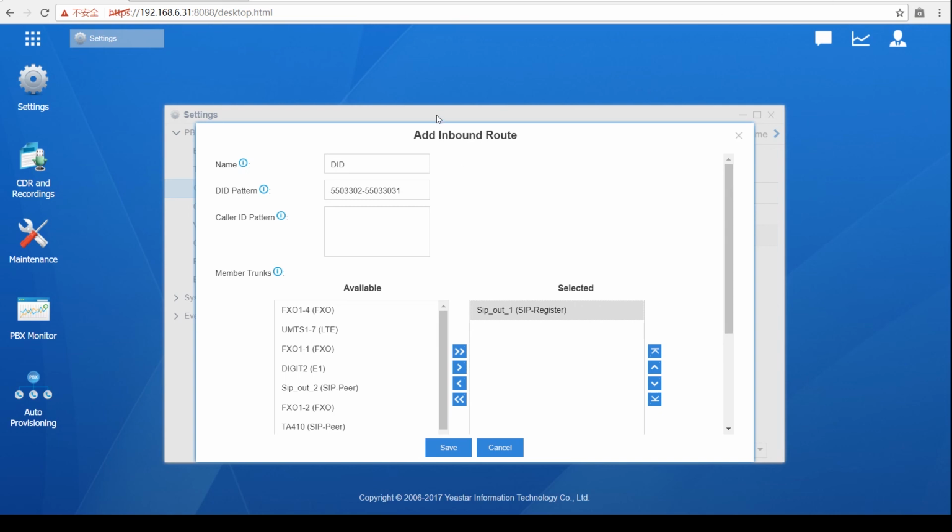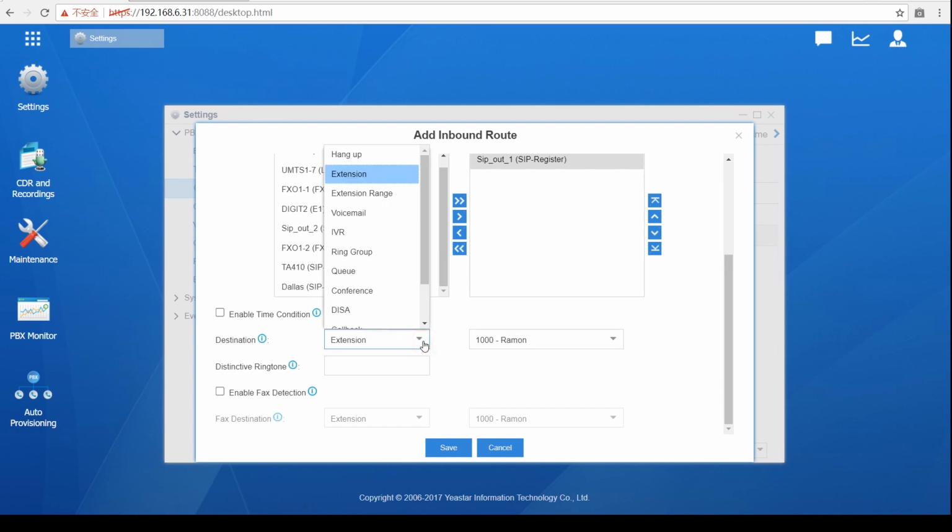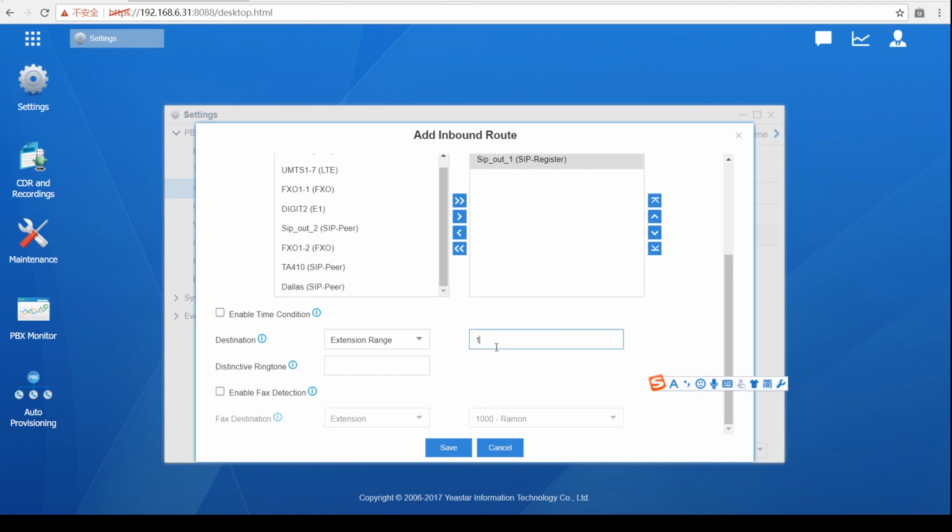And what we need to do here is set a group of extensions to attach to those DID numbers. So we need to set an extension range. All we need to do is put in 30 continuous extension numbers, like this.